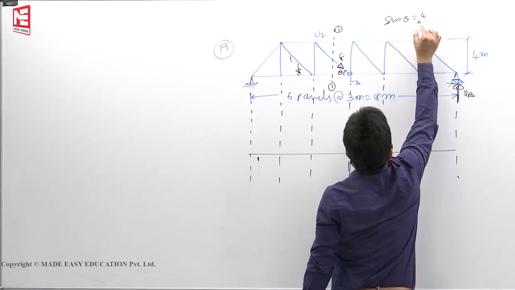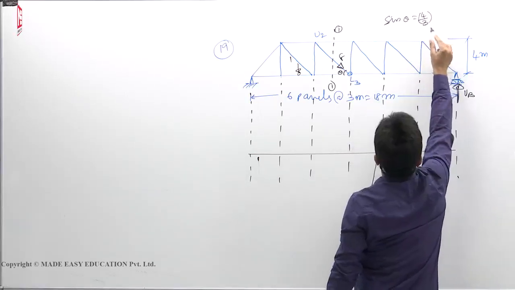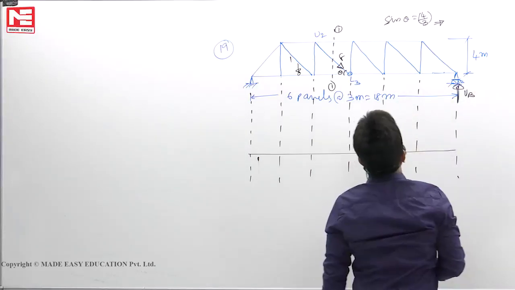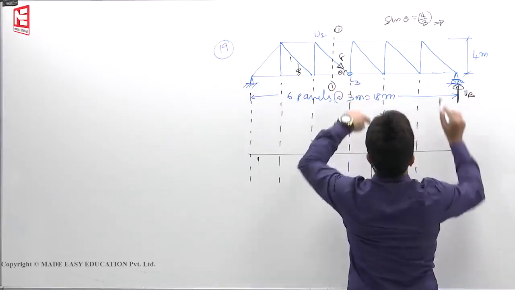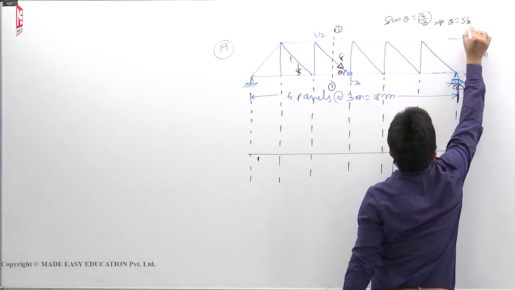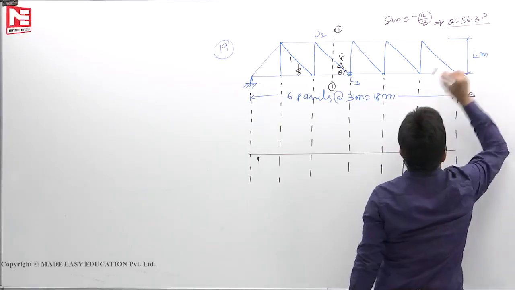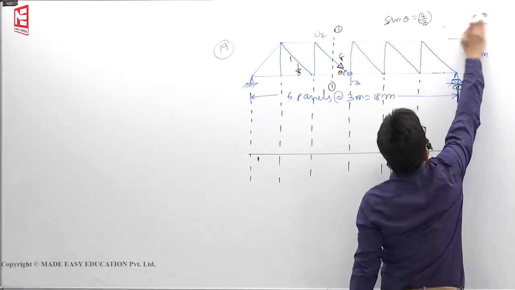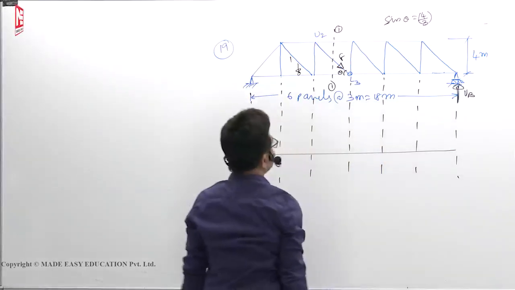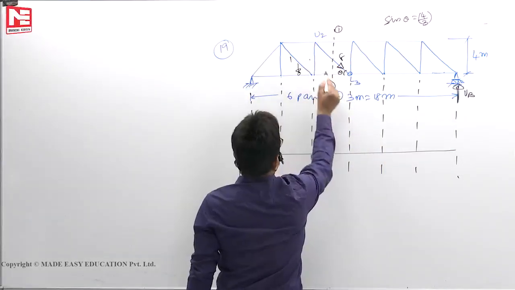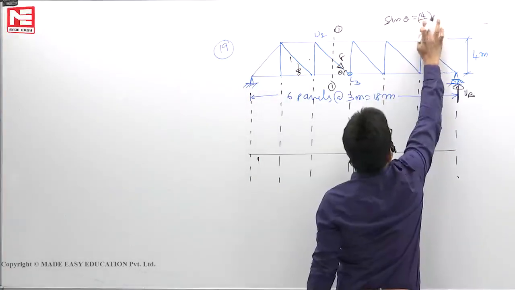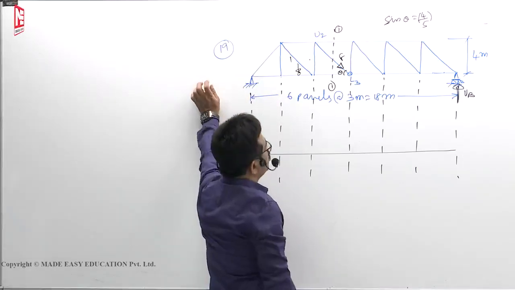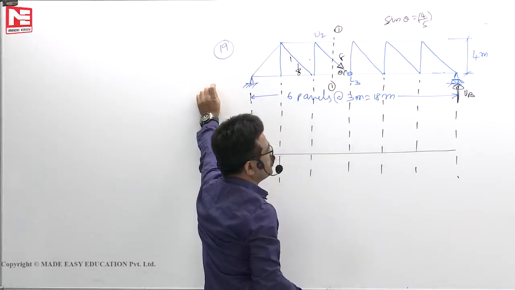Tan theta is 4 by 3, so theta is 56.31. Without that, let us see we can manage. Sin theta is 4 by 5, so directly 0.8. Calculators are not permitted, so we can manage like this.